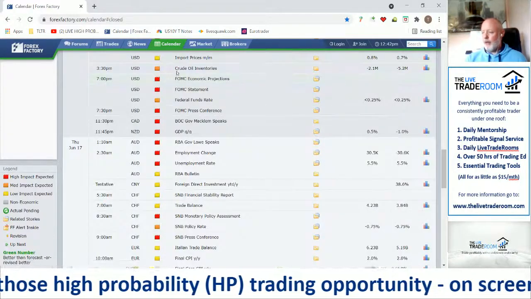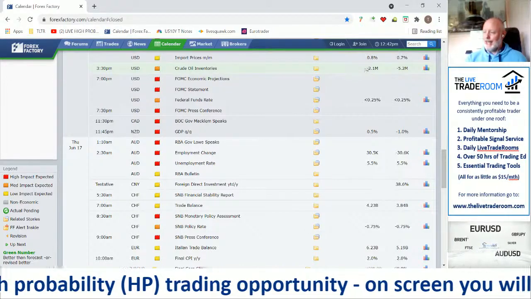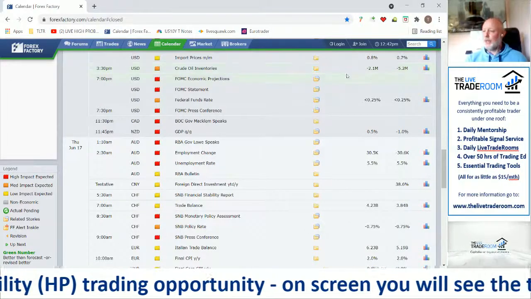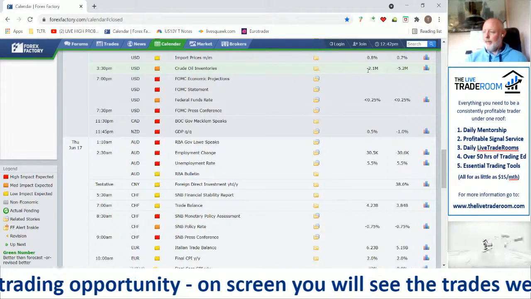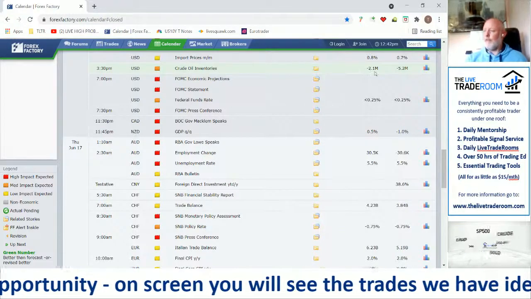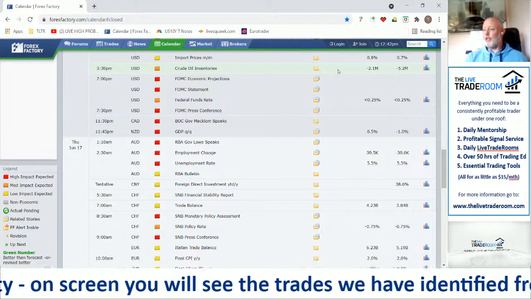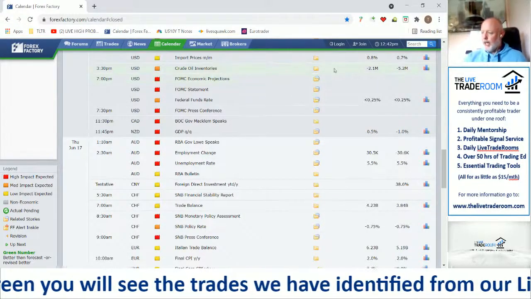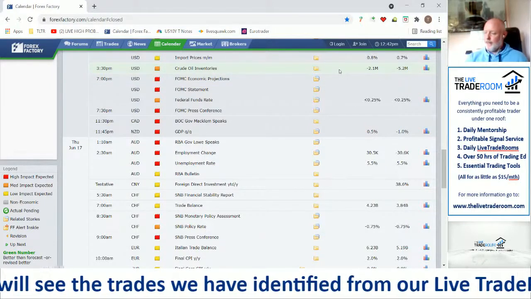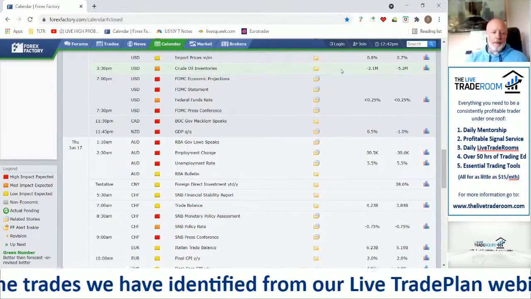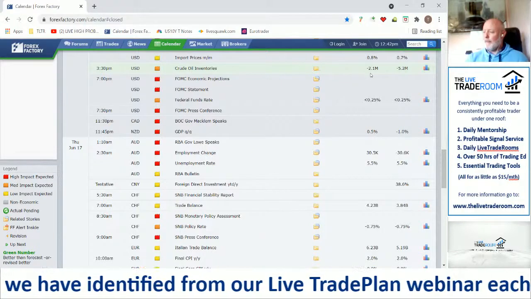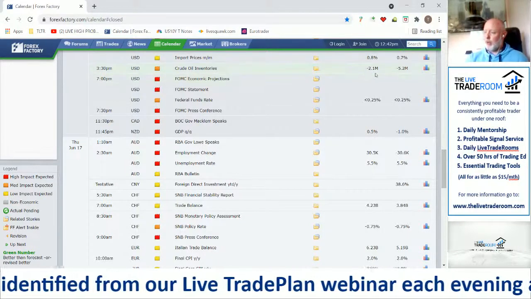And if the crude oil inventory number is negative, then it's likely to push up demand. So if you see minus 2.5 million barrels, for example, then you'll see it in green because it's better than expected for the price of crude oil. And the same also applies to the downside.